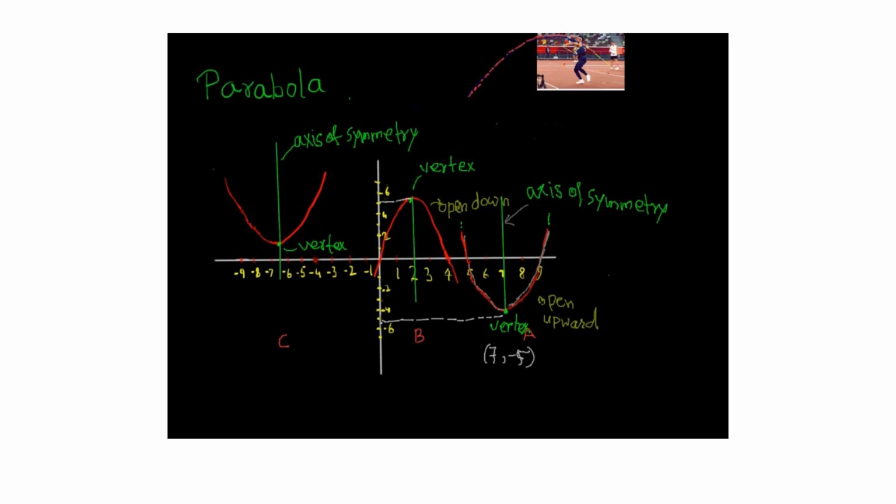So the vertex is 2, 5. Again if I take a line straight approximately from here, it touches somewhere here, so it is minus 6.5 and 1.9. That is the coordinate of this vertex of parabola C.